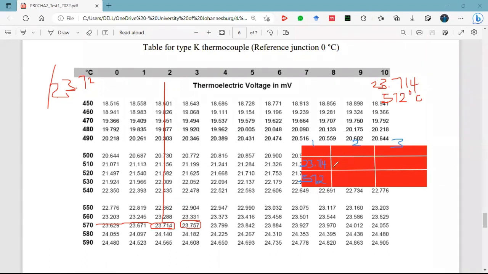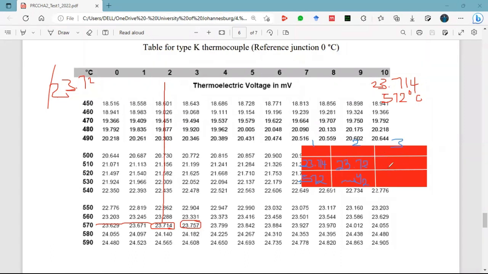And the one that you're going to have here is the one that you're trying to measure: 23.72, of which the temperature you don't know. So this temperature here, we're going to call Y2, based on our interpolation equation.